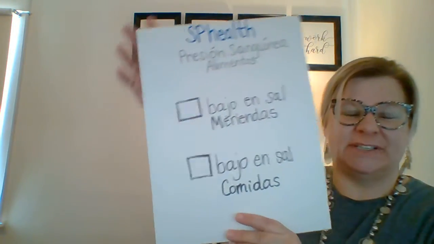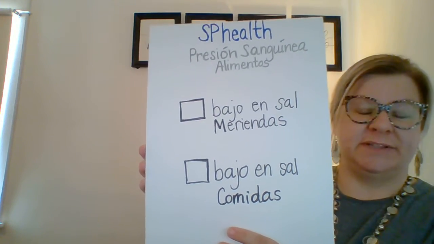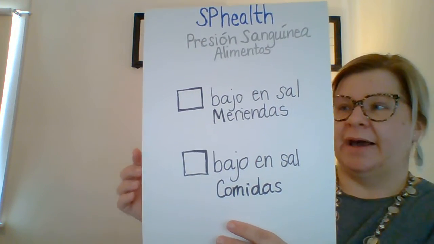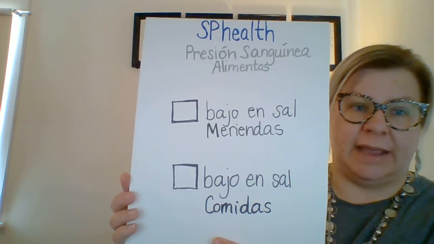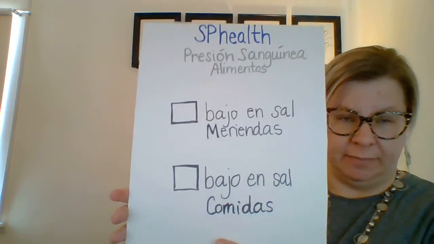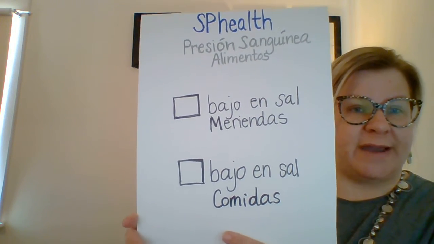This is just a quick example of the blood pressure friendly foods page. These are going to be low salt snacks and low salt meals, and they're all hoping to be ethnic related, so that they're likely to take part in adding these to their modified diets to help control their blood pressure.